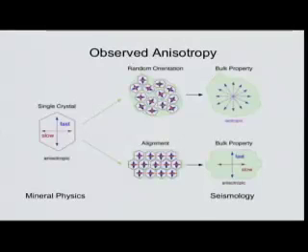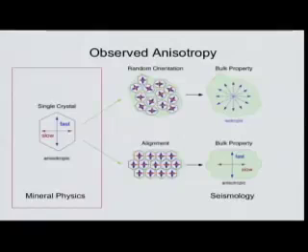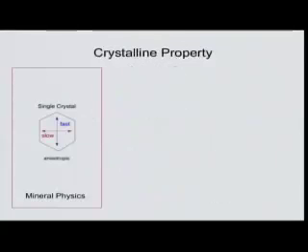So in order to interpret what we observe in terms of seismic wave anisotropy, we need to know what the mineral physicists can tell us in terms of what the composition of the inner core is and how they behave in terms of seismic wave speed. So let me focus on this.